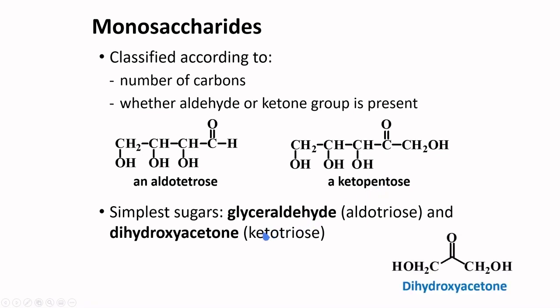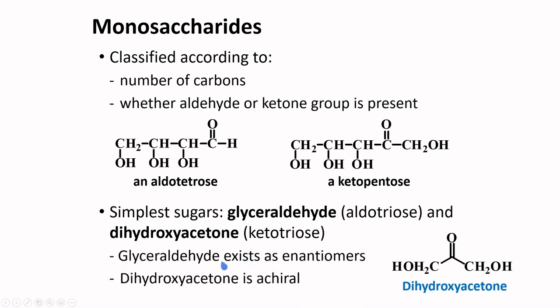The simplest of sugars contain 3 carbons. They are glyceraldehyde, an aldotriose, and dihydroxyacetone, a ketotriose. Glyceraldehyde exists as enantiomers, whereas dihydroxyacetone is achiral.